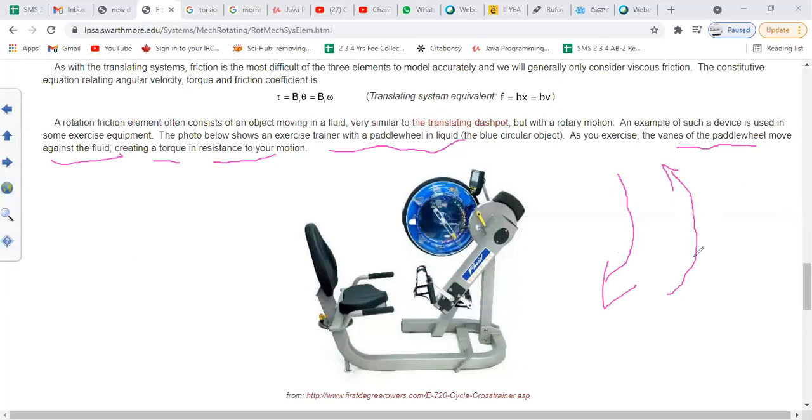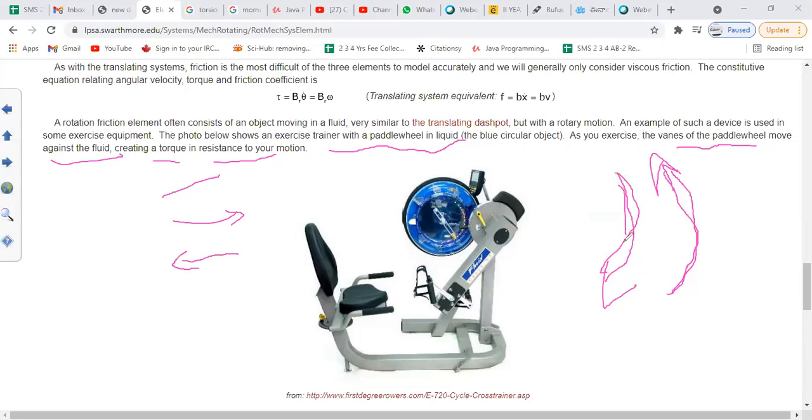So if the torque is in this direction, the rotational friction is in the opposite direction. Similar to force, if you are applying a force in this direction, the opposing force, which is friction, is in the opposite direction of the applied force.